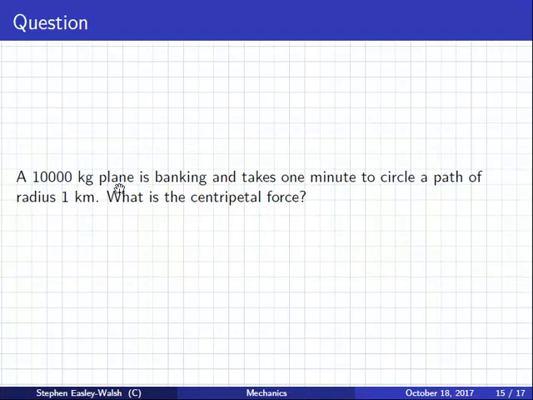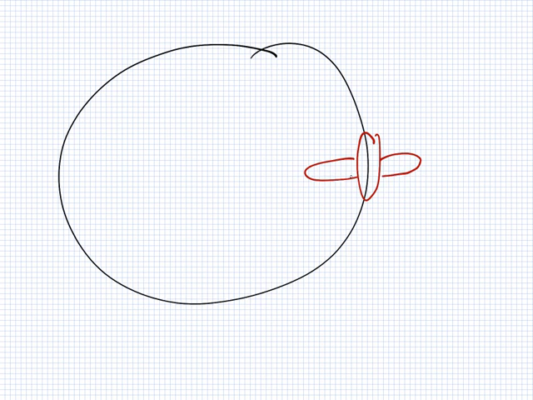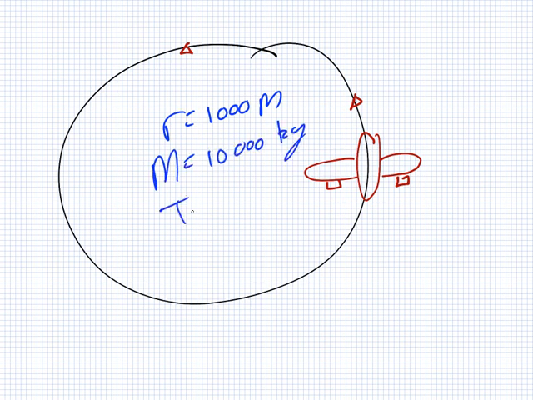So we have a 10,000 kilogram plane, and it takes 1 minute to travel in a circle of radius 1 kilometer. What is the centripetal force? So I'll just draw the picture for you. Here is the plane. That is a plane, I promise. It's very cute, isn't it? It's going this way. Okay, the radius is 1,000 meters, and the mass is 10,000 kilograms, and the time is 1 minute.